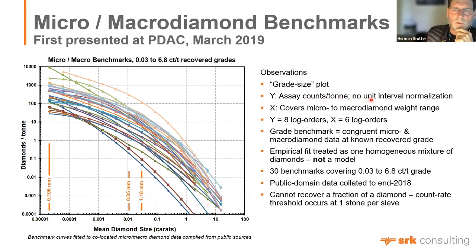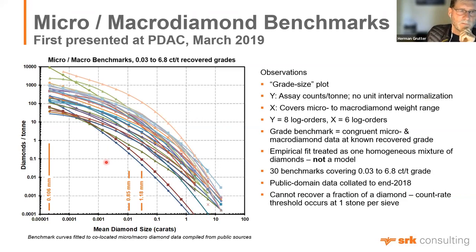There is no unit interval normalization. This is very important. A lot of people use something called Spitui plots, stones per ton per unit interval. I've removed the unit interval, and I'm able to do so because all these data have been converted to root 2 sieve classes.